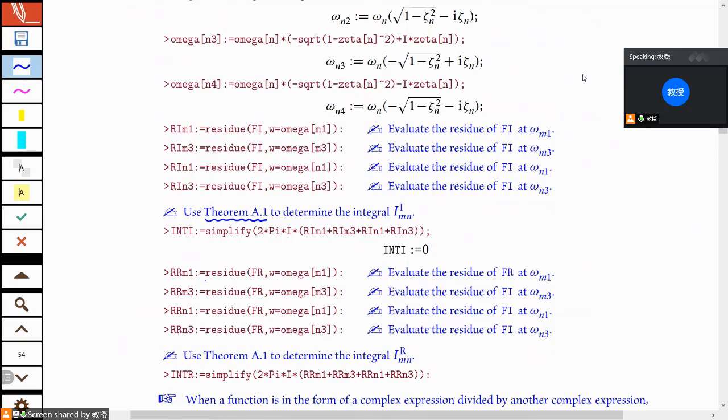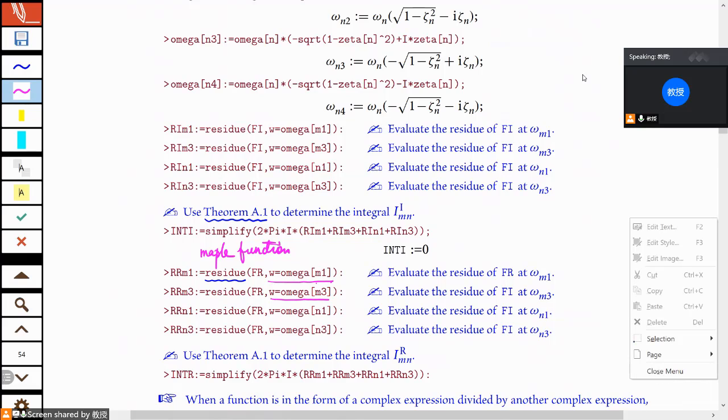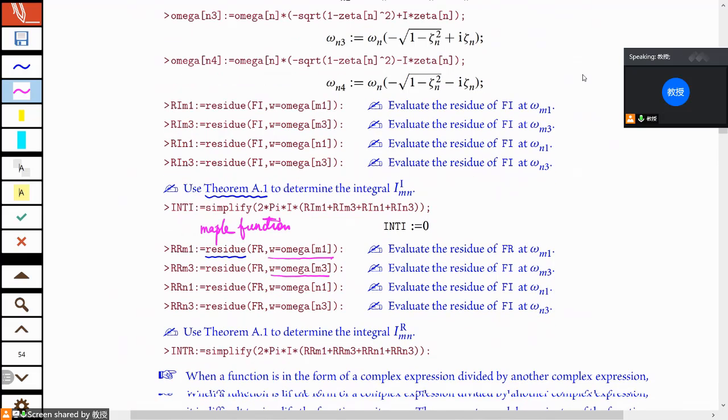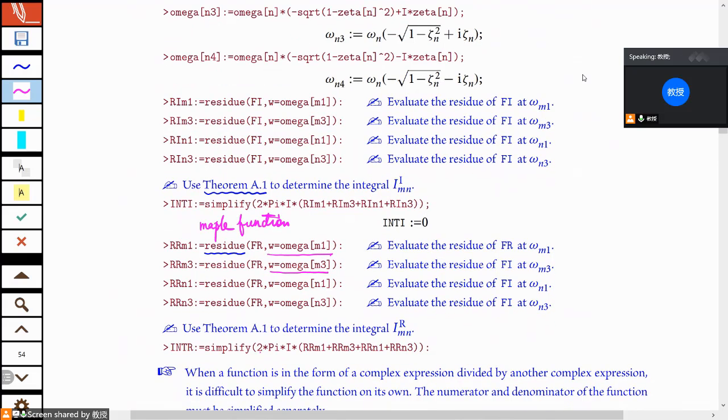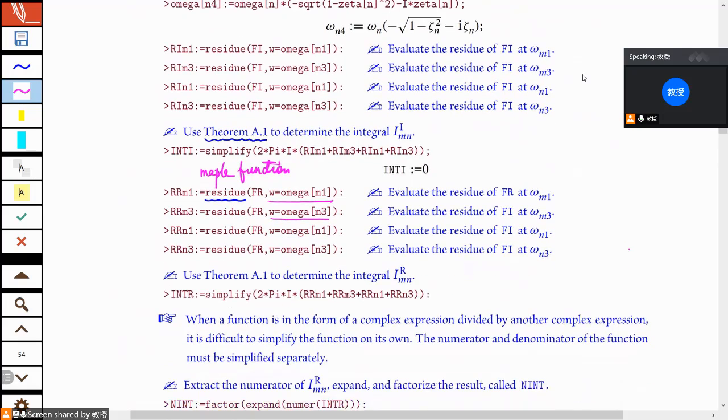It's the residue, a Maple function, to evaluate the residue at the first root. Only roots 1 and 3 have positive imaginary part, and roots 2 and 4 have negative ones. So we evaluate the residue at the 4 roots, add them up, and multiply by 2 pi I.